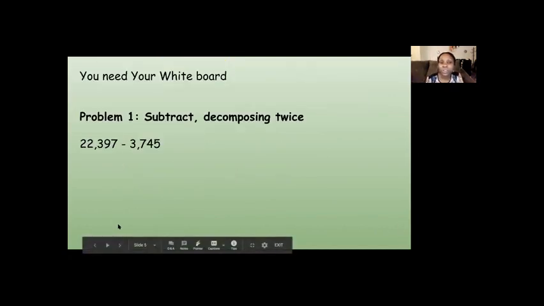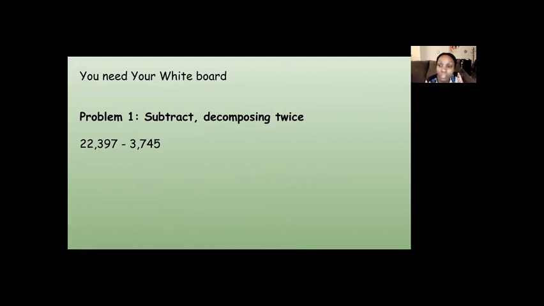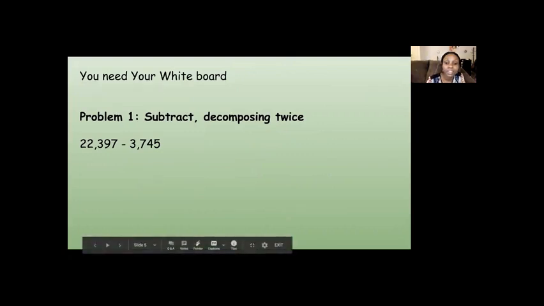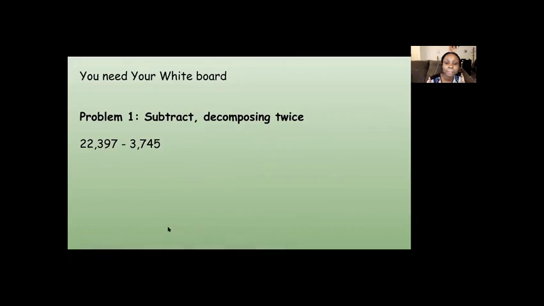Okay, on your whiteboard, I want you to write this problem. All right, let's read it together. 22,397 minus 3,745. Okay, so let's see. So we have this, right?